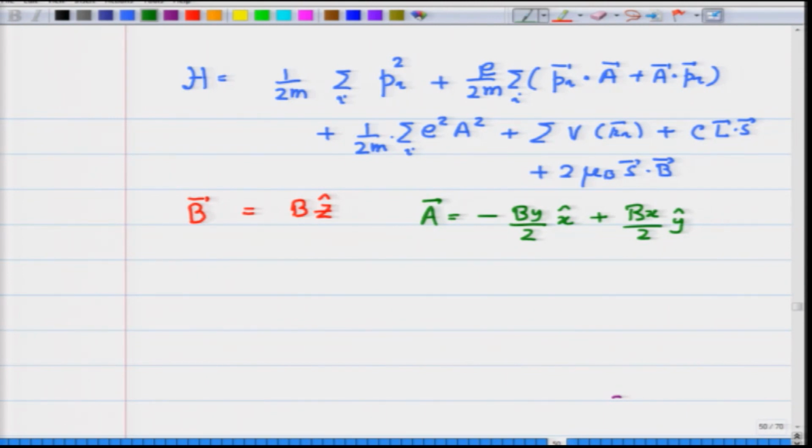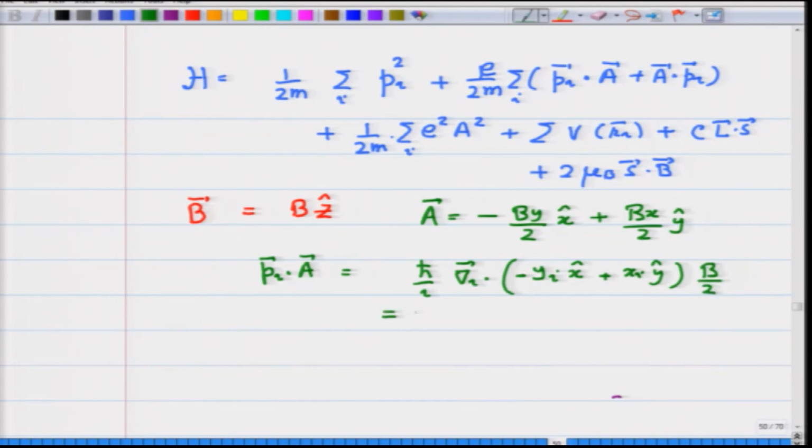And in that case, you see that p_i dot A is going to be h cross over i del_i for the ith electron dot A, which will be y_i in the x direction with a minus sign plus x_i in the y direction, and I get B/2 outside, and this is 0.